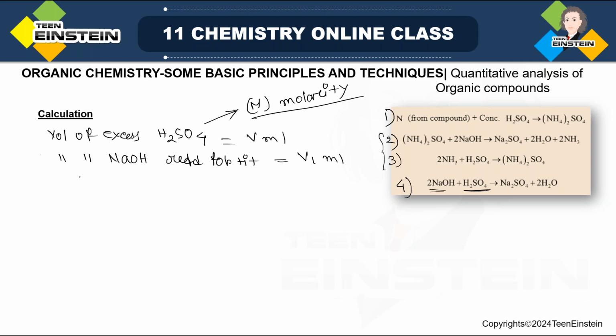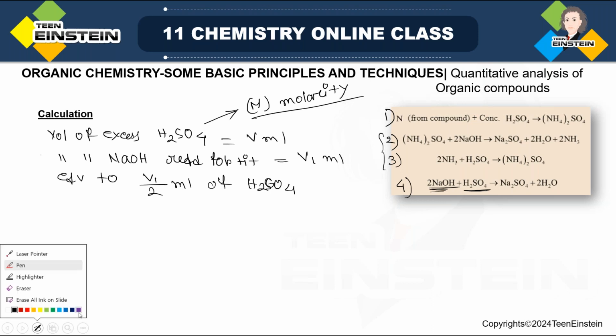Now, if it is the case, then the equivalent amount of H2SO4 will be V1 divided by 2 ml of M molar H2SO4. Because if the volume required for NaOH is V1, the H2SO4 volume will be half of it because the ratio is 2:1. So it will be V1 divided by 2.